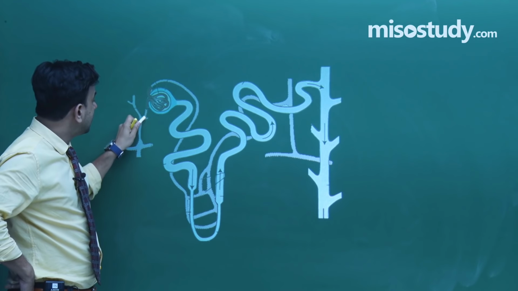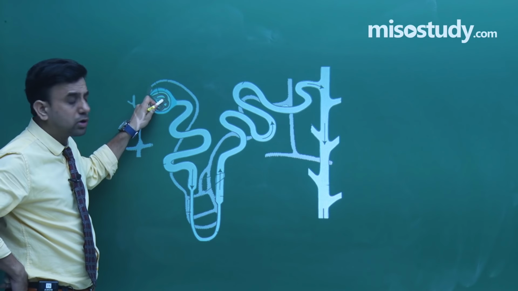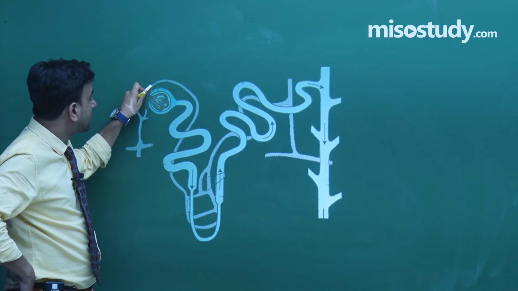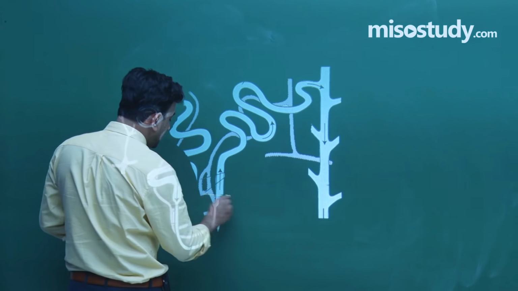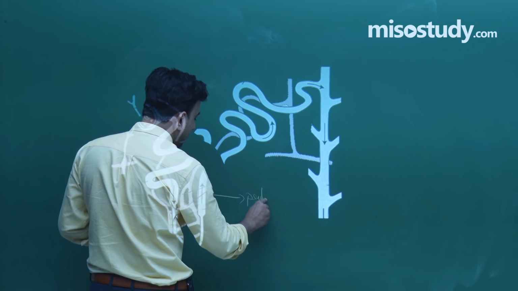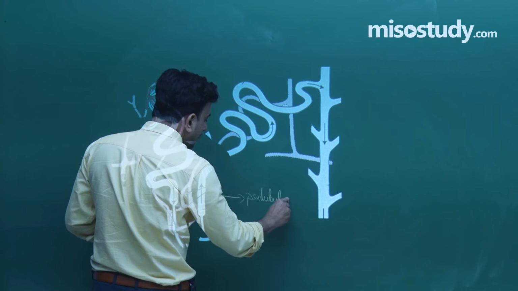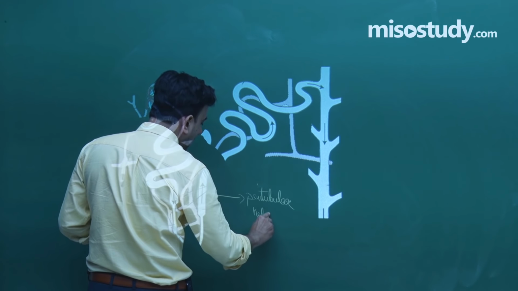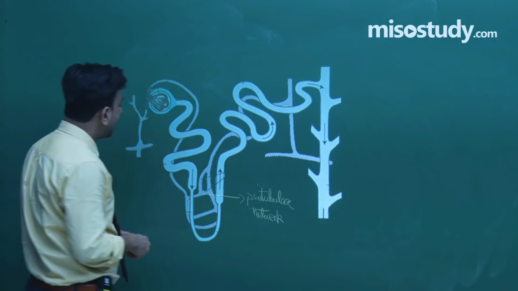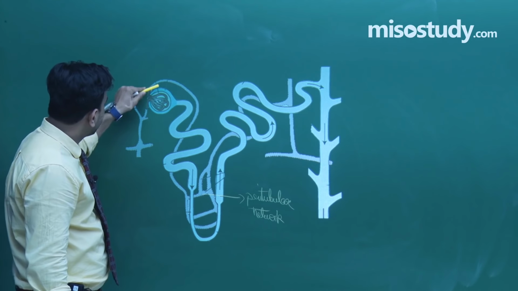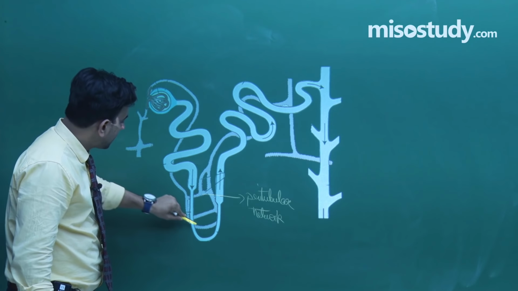Why? Because the renal arteriole has branched into glomerular capillaries. This is the efferent arteriole. Now this is the peritubular network of capillaries, coming down.